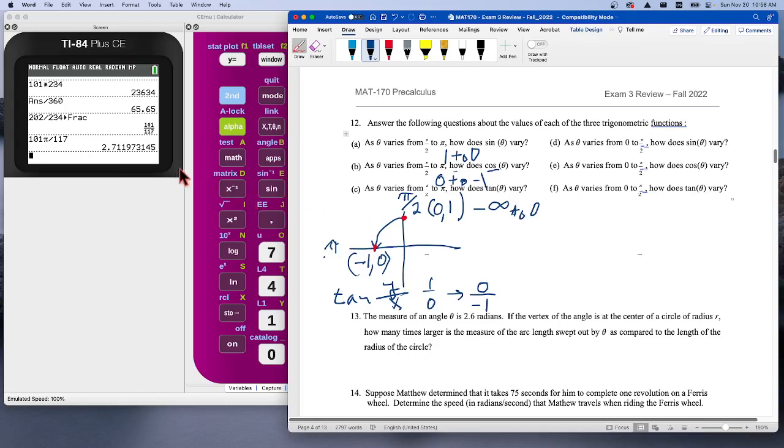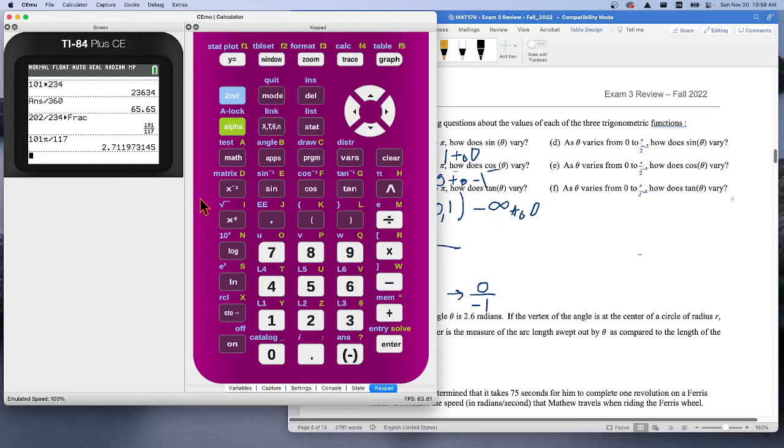And one way we could do this is we could actually look at the graph of tangent, because this is a little harder to understand. Again, the whole key behind this is so that you can understand. When we look at its graph, it's hard to see what's going on.